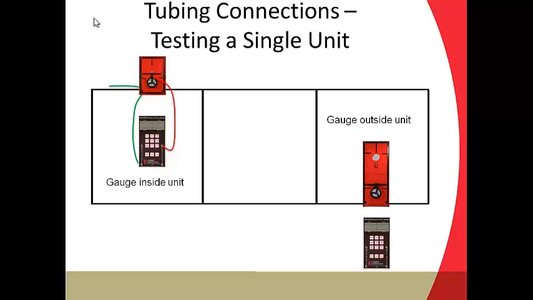So you could feasibly do this test with one person if the gauge is outside the unit. But our tubing connections are a little different. We have to think a little bit more about what we're measuring when we're doing this.